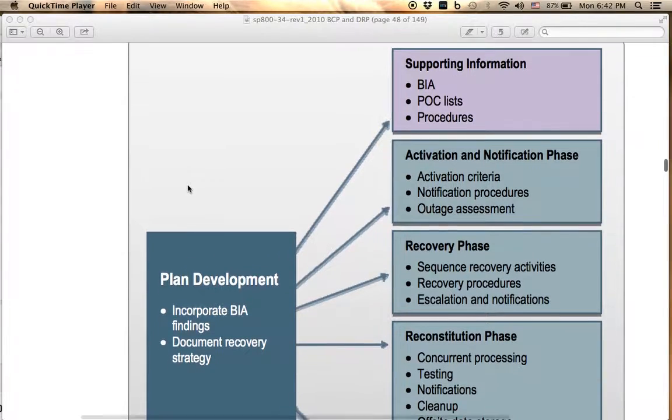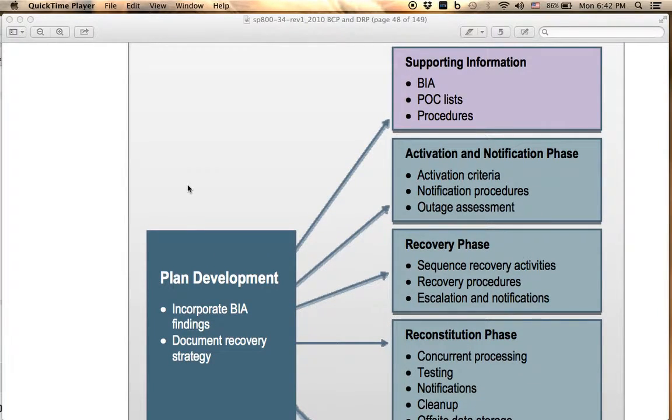I wish to share with you what an IT contingency plan structure looks like. The disaster recovery team needs to understand the structure or requirements needed to establish the IT contingency plan.